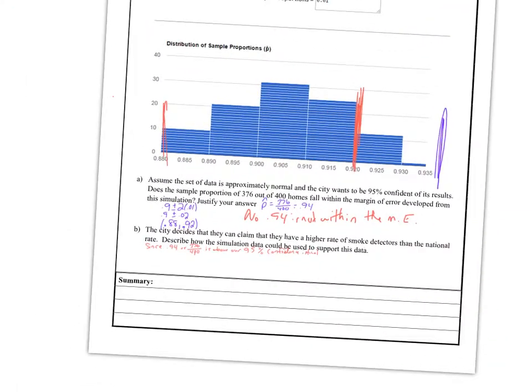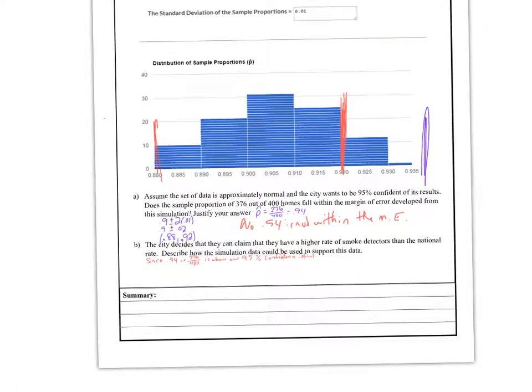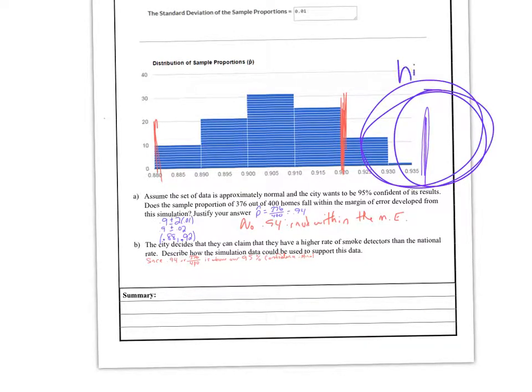Well, let's take a look at it. So up here, the city can say anywhere over here they are higher, they're doing really good. Anywhere in here, the city has to say that they're the same. Okay? They are the same, they are no different. Any one of these numbers is just as likely to occur, it'd still be 90%. So if they had 0.89, somewhere in here, or 0.889 or whatever the case may be, they're going to have to say, nope, it's still pretty consistent.